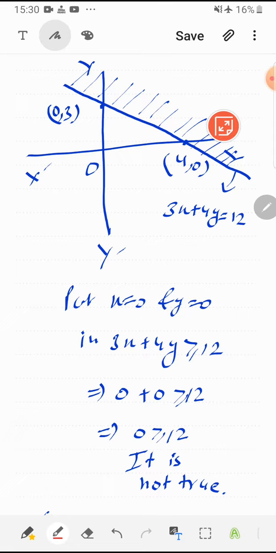So I want to check whether the origin is part of the solution set or not. How will I check? I will put x and y as 0. Now 0 is greater than or equal to 12. That means either 0 is greater than 12 or 0 is equal to 12. Neither is 0 greater than 12 nor is 0 equal to 12, so it is not true. As it is not true, the solution set doesn't contain the origin.